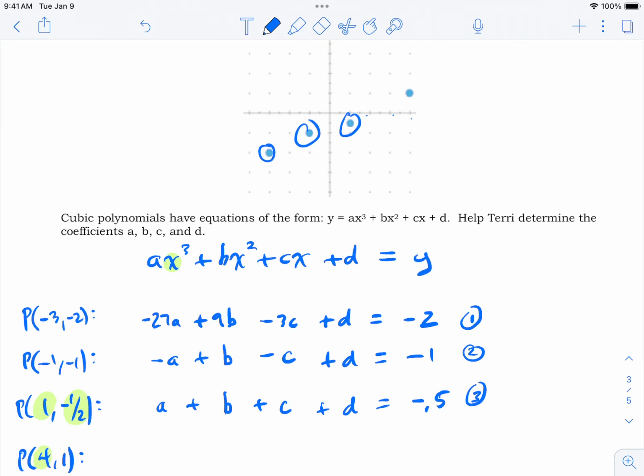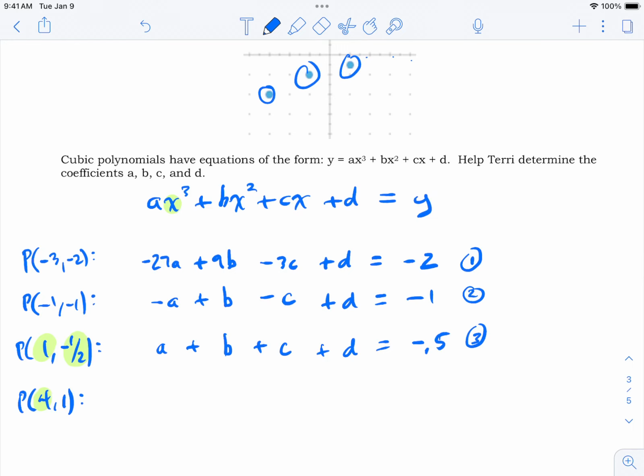Okay, so when I plug in 4 there, 4 cubed is 64, so that's a 64 times a. Then I plug the 4 in here and square it, it's a 16, so it's a 16 times b. I plug the 4 in here and multiply it by c, so that's a 4 times c. And notice it's always just plus d equals, and now I take the y, which is 1, and I put it over here. And now I've got 4 equations, 4 unknowns.